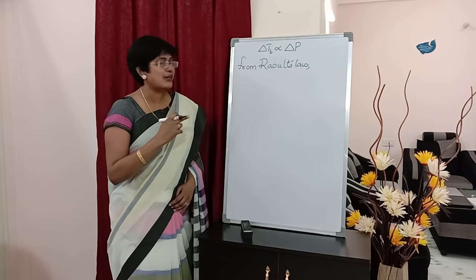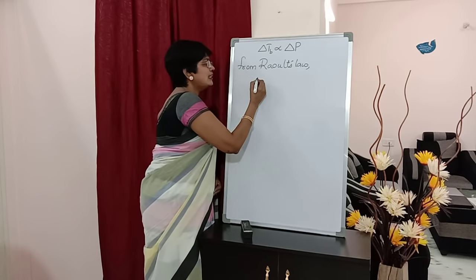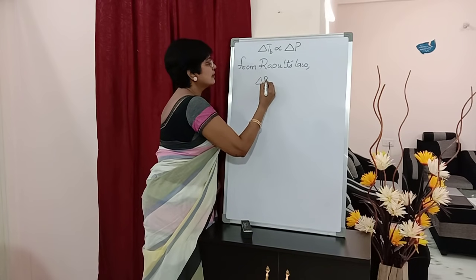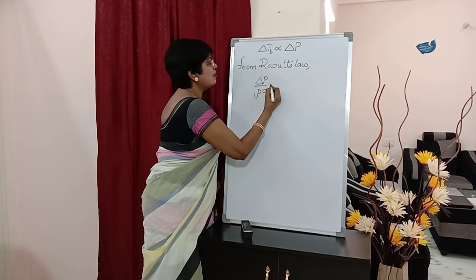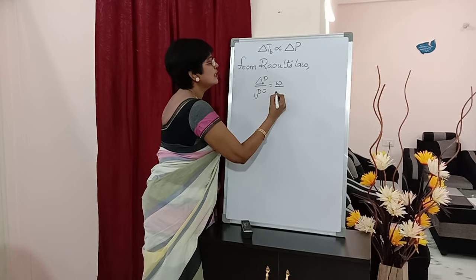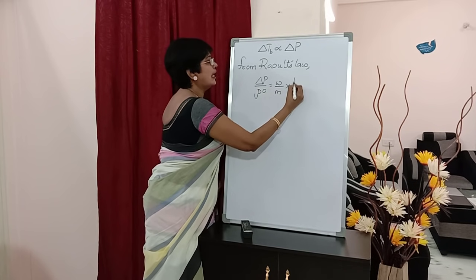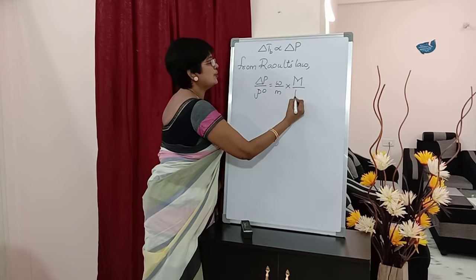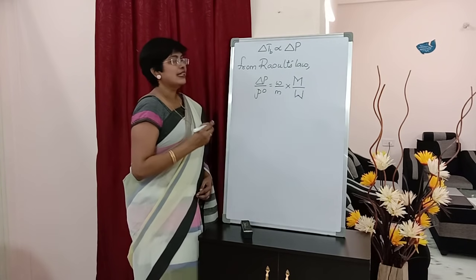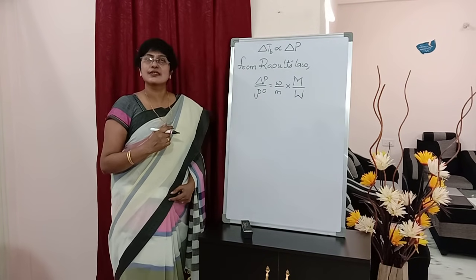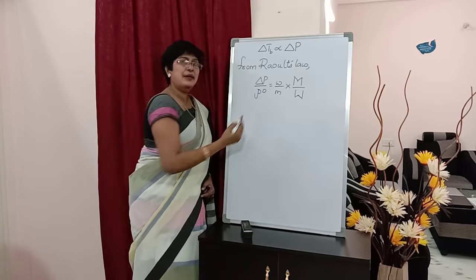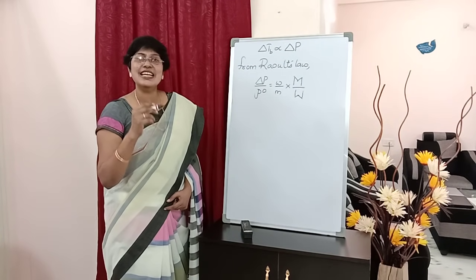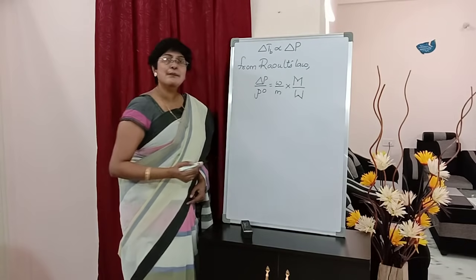Have you checked? I am writing down here delta P by P naught is equal to small w by small m into capital M by capital W. Delta P means P naught minus Ps by P naught.